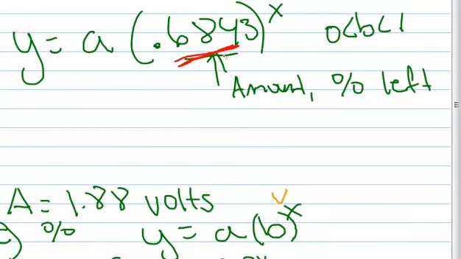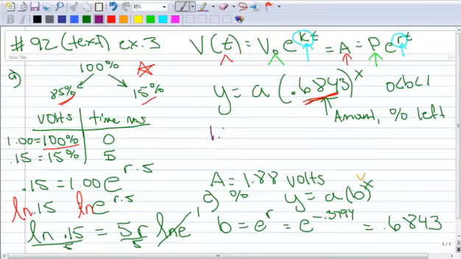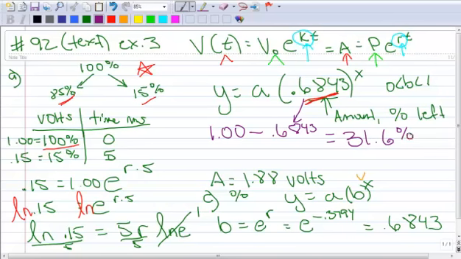The problem is asking you by what amount does it decrease. So what you do is you take your 100% in decimal form, subtract 0.6843, that's your B, and then putting it in a percentage, that gives you 31.6%.